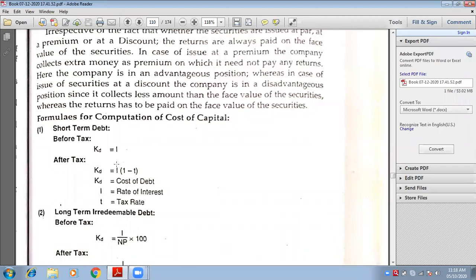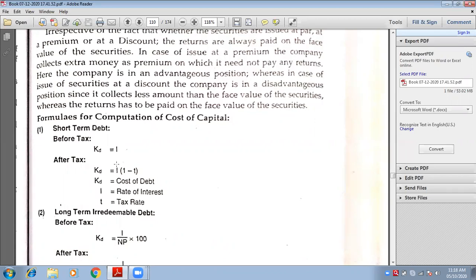So if you want to take the interest after tax, you want to convert it after tax. What is the formula of converting I, which is before tax, into after tax? The formula is I(1 minus t). What is 1? 1 is standard rupee 1. Minus t.